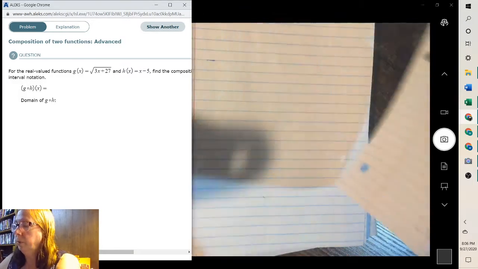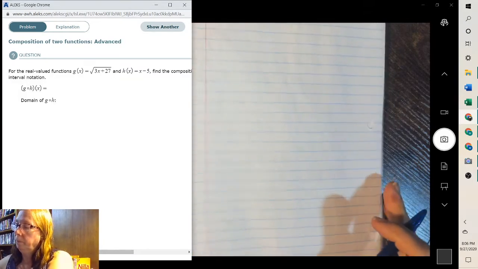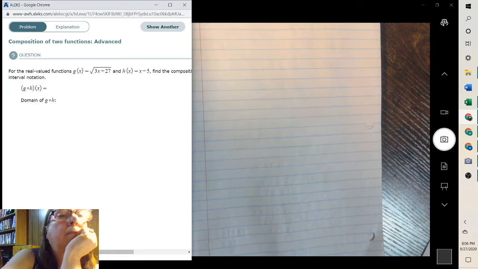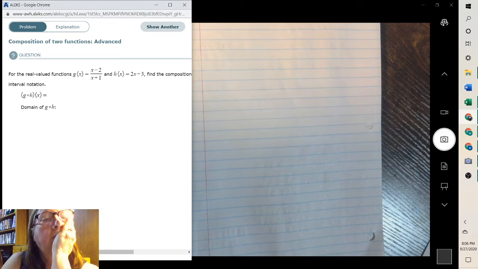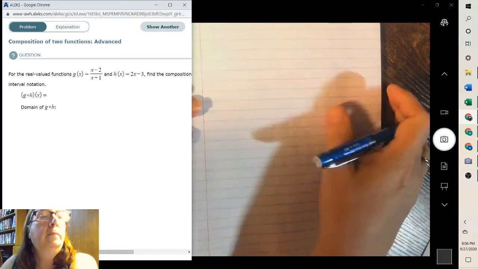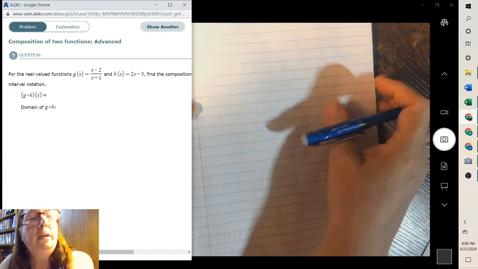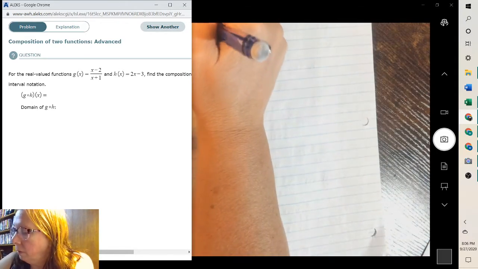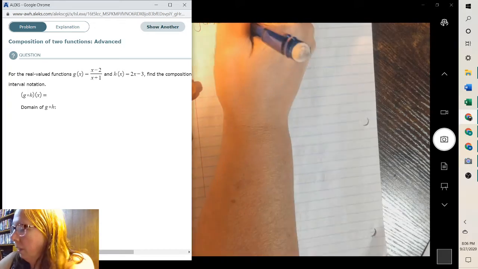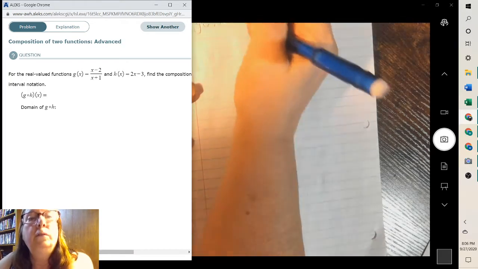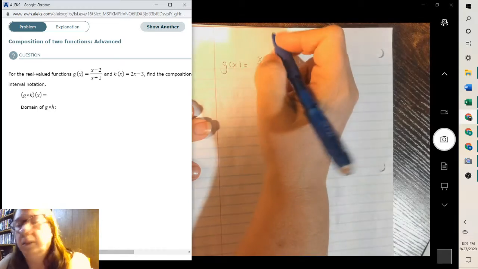Let's try one more. So we have g of x equals x minus 2 over x plus 1.